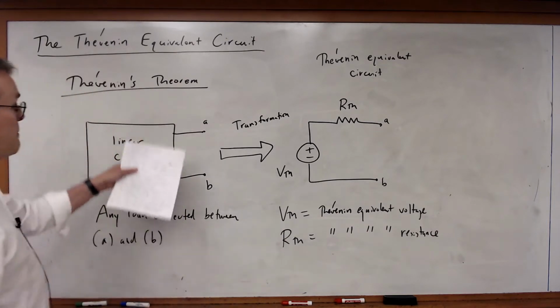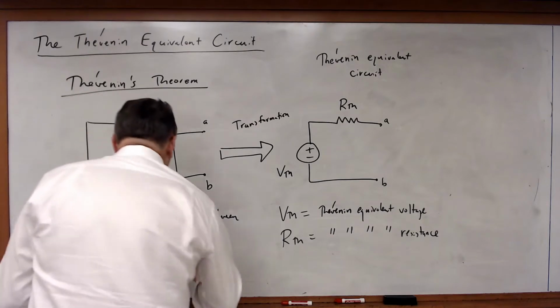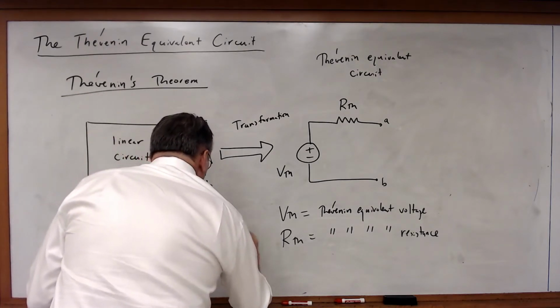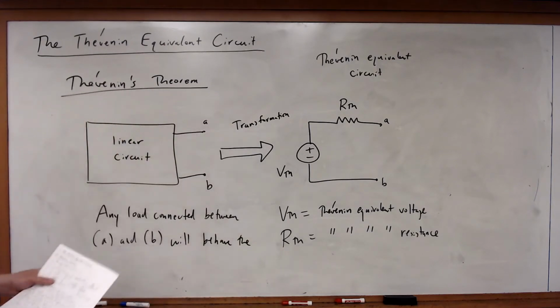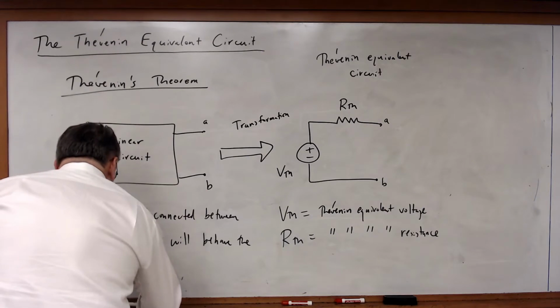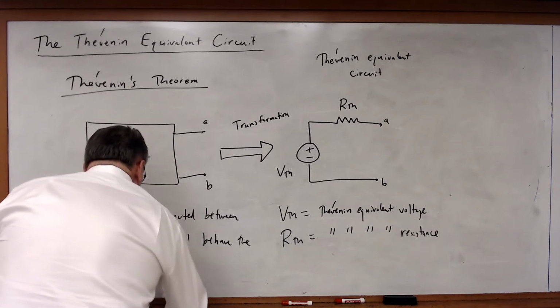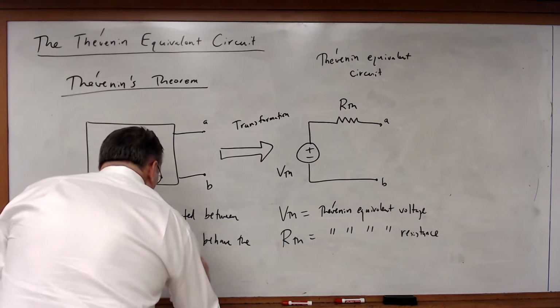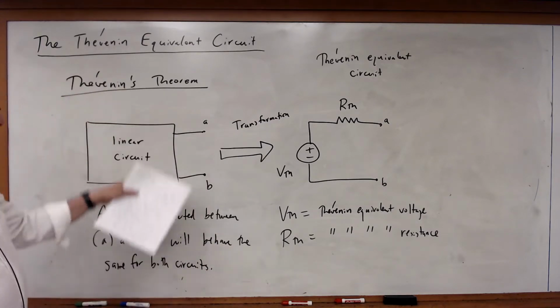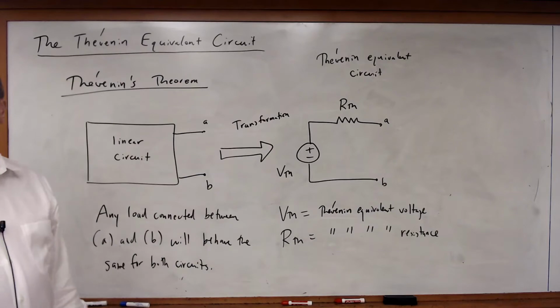Any load connected between the A and B terminals will behave the same for both circuits. In other words, the voltage and current that I will measure will be exactly the same.